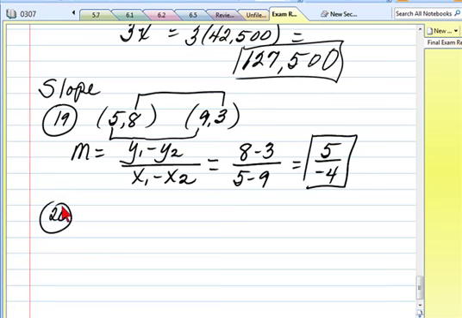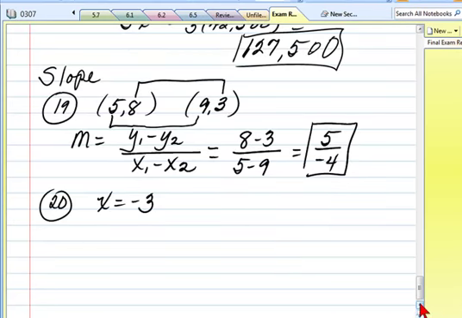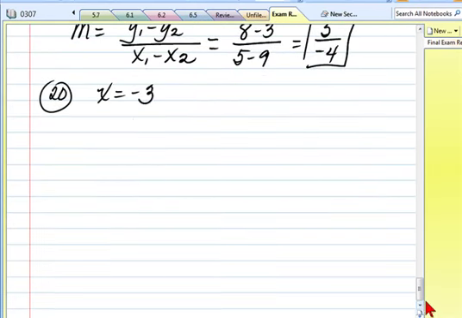All right, number 20. I have x equals negative 3. That's the equation of a line, and I'm supposed to determine the slope. Would you tell me what you know about the line x equals negative 3? One person says it's horizontal. Somebody says it's vertical. Which axis does it cut through? The x. In order to cut through the x-axis, you have to be a vertical line.